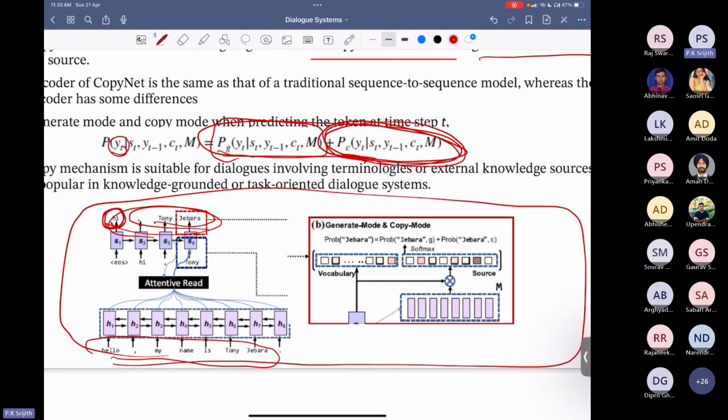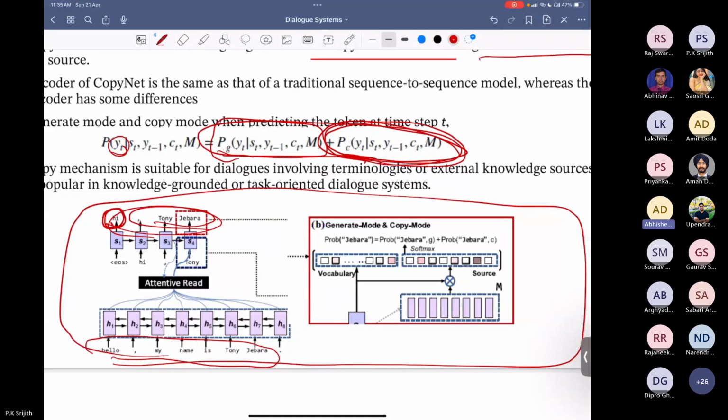That probability distribution is learned, just like the way you learn the attention weights. Attention weights are going to be different for every decoder stage. So similar to that, you have a probability distribution over generation and copy that you learn, and the decoder decides what to use based upon which one has higher probability.